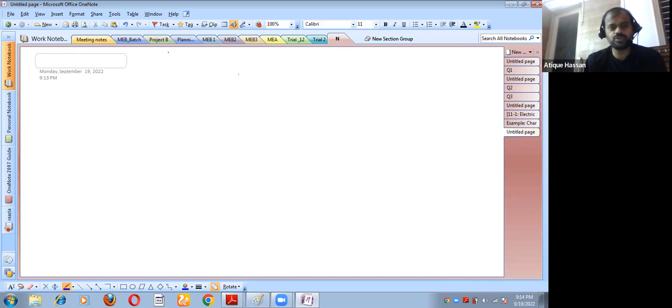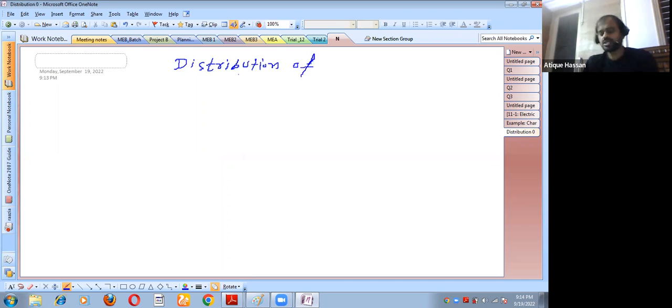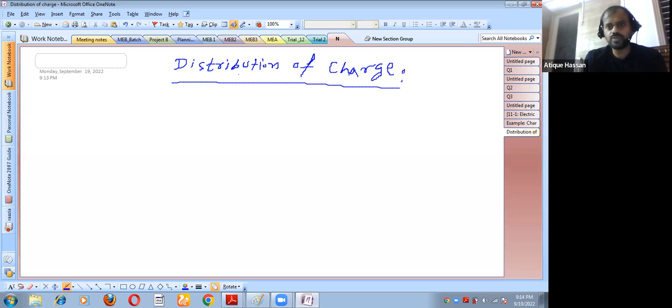In the distribution part, we will see how the charge can be distributed. Charge can be on any object, like on a point object, or it can be on a rigid object also. In this, we will see different charge distributions: surface charge distribution, volume charge distribution, as well as linear charge distribution. So mainly we have three types of distribution of charge.